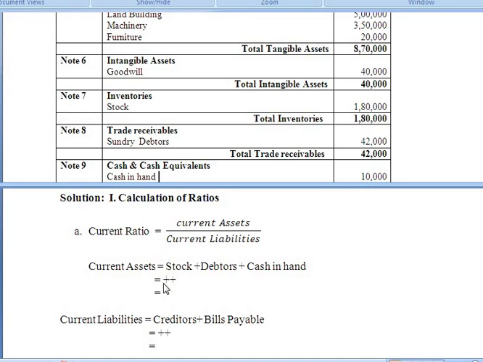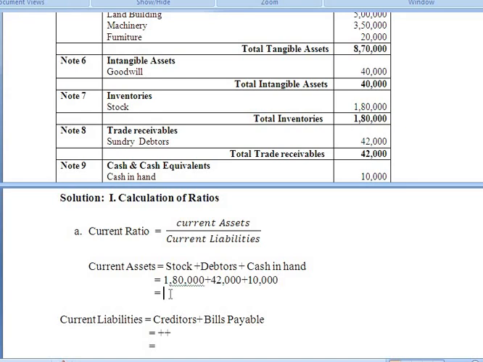Now we need to write the amount. Stock rupees 1,80,000, plus sundry debtors rupees 42,000, plus cash in hand rupees 10,000.